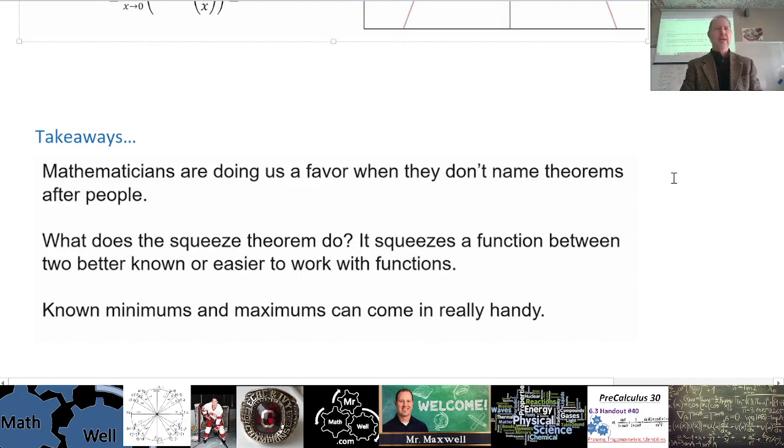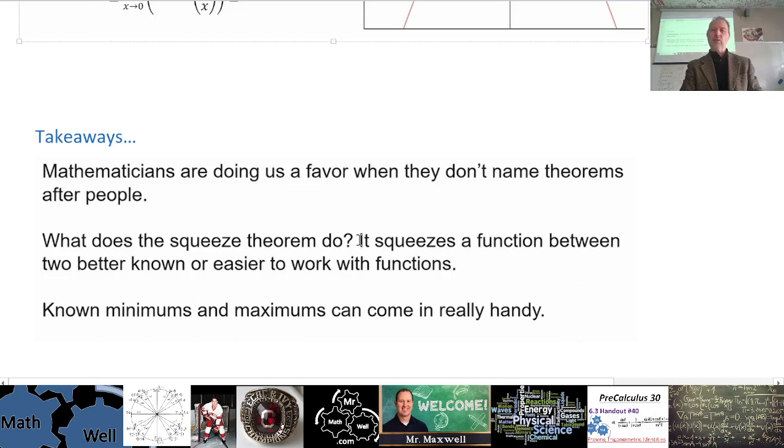Euler's method, which we haven't talked about quite yet, but it's like, well, what is that again? Newton's method of linear approximation. Okay, well, linear approximation I remember, but if it was just Newton's method, I'd be like, what? So squeeze theorem helps us to remember what the theorem actually does.